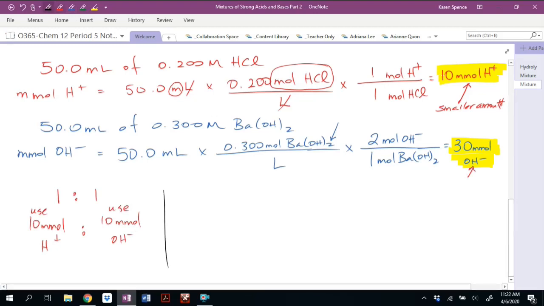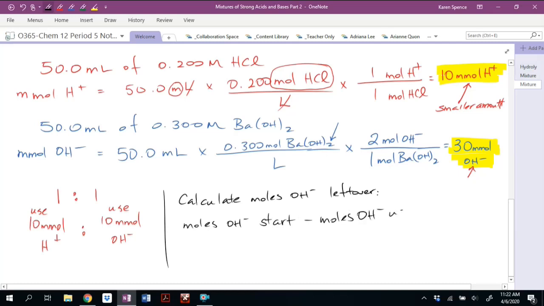Okay, so we're going to now do step 3, which is to calculate the moles of OH minus left over. And to do that, we simply take the moles of OH minus at the start, and we subtract the moles of OH minus used.